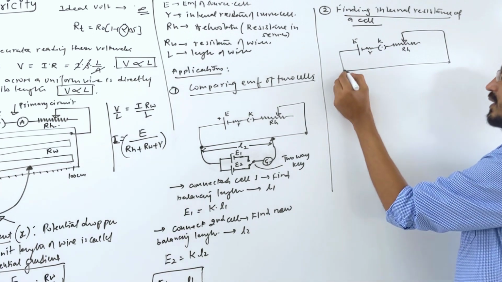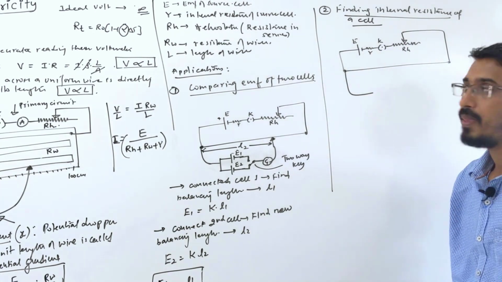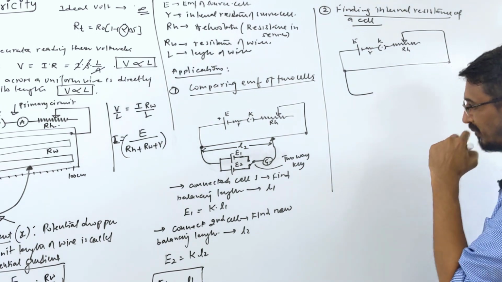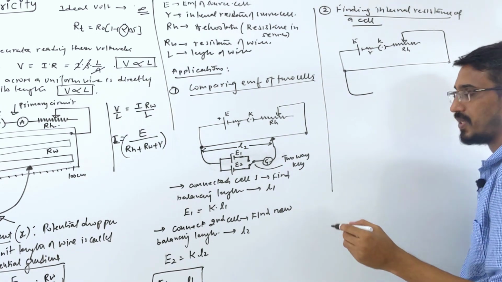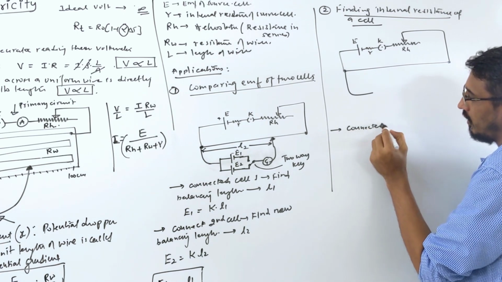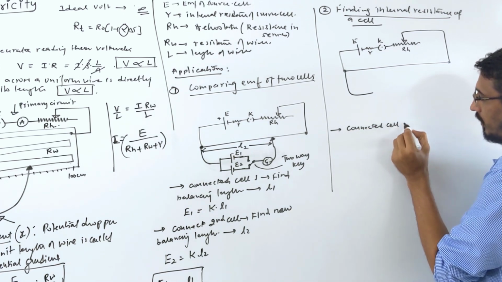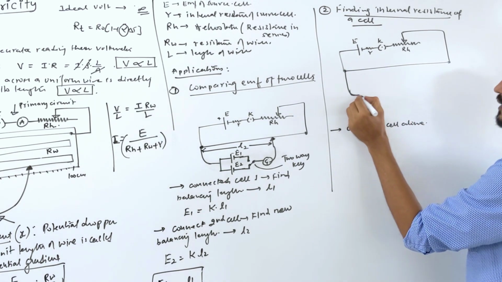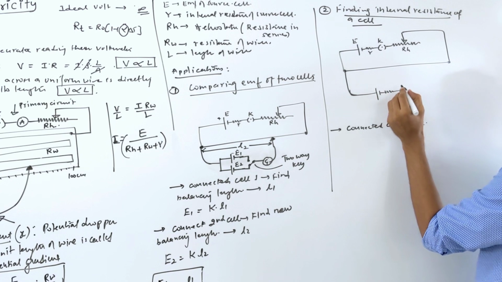Now let's connect the secondary circuit here. You want to find the internal resistance of the cell, then what do you do? Few steps are there, very simple steps. First you connect the cell alone. This is your cell, say EMF E, internal resistance r.